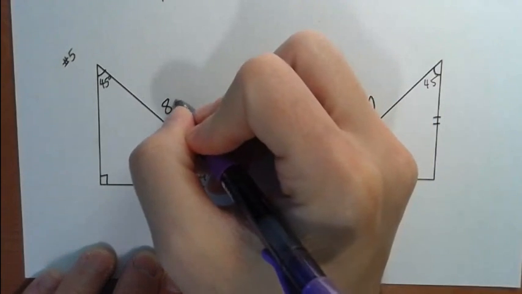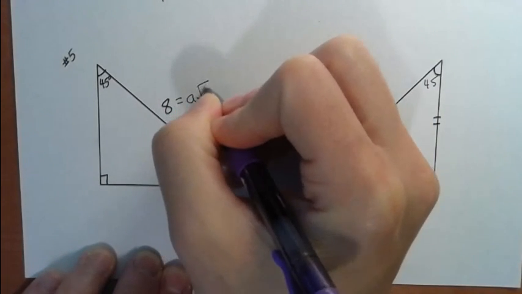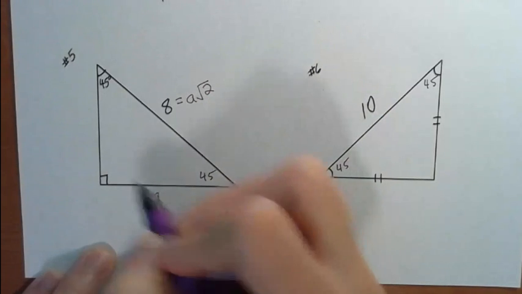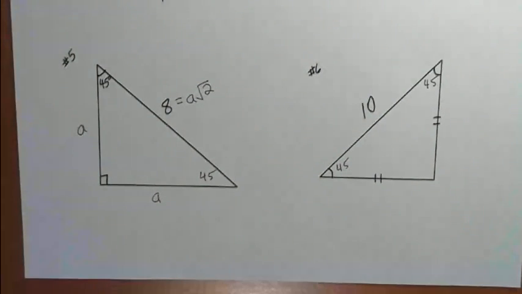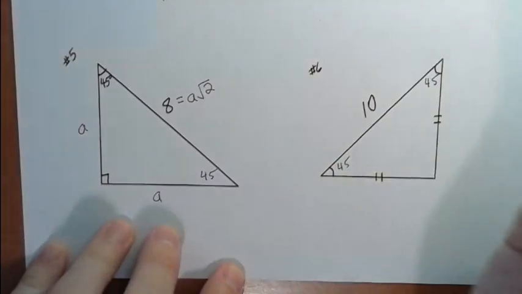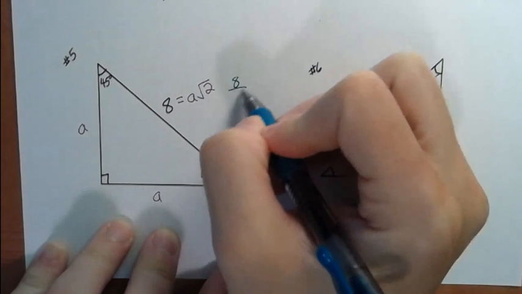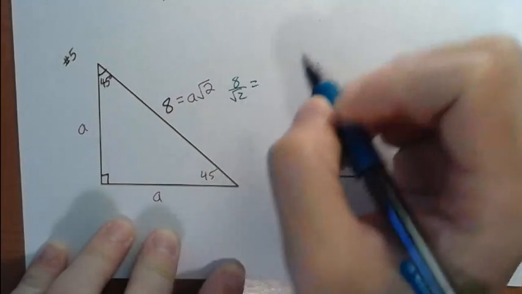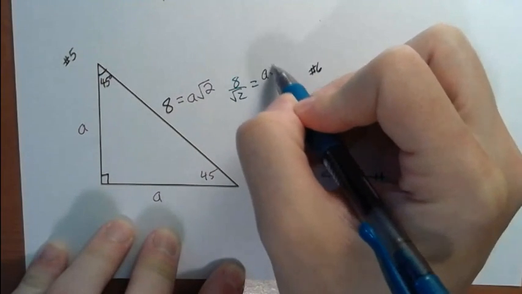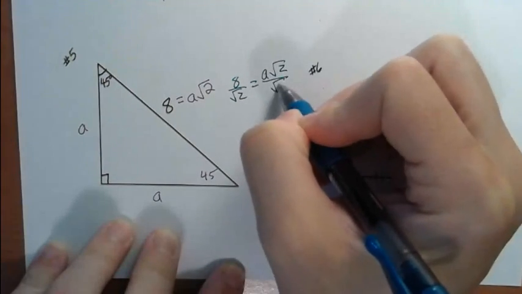for instance, this 8 is supposed to be a root 2, and these two sides are both supposed to be a. Now, if I have that much, I'm basically going to use the rationalizing step from what I was looking at in 30, 60, 90 triangles. So if I divide both sides by root 2, I would have 8 over root 2, and then a root 2 over root 2.